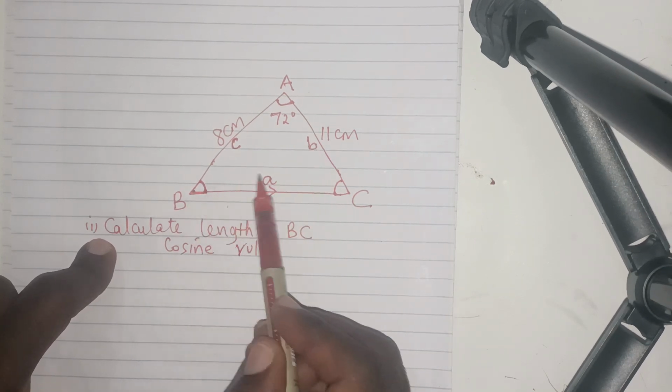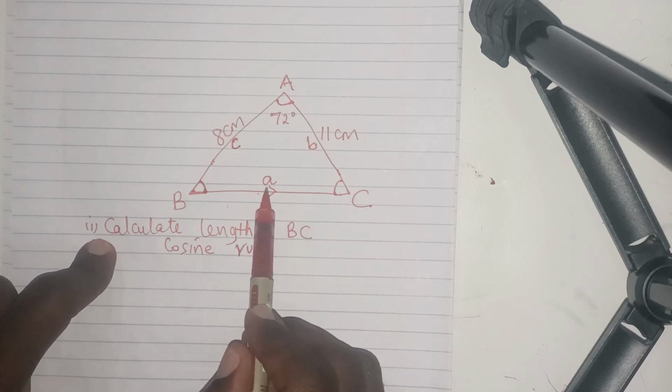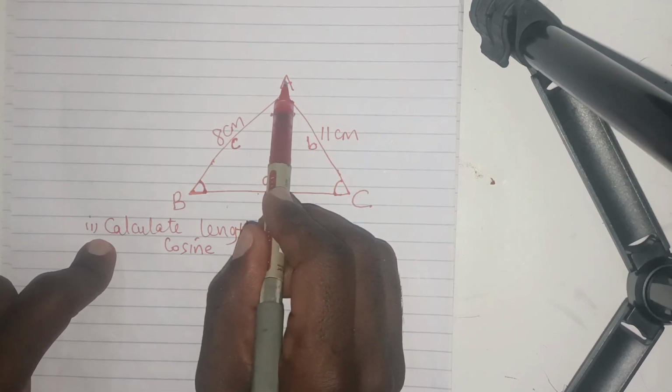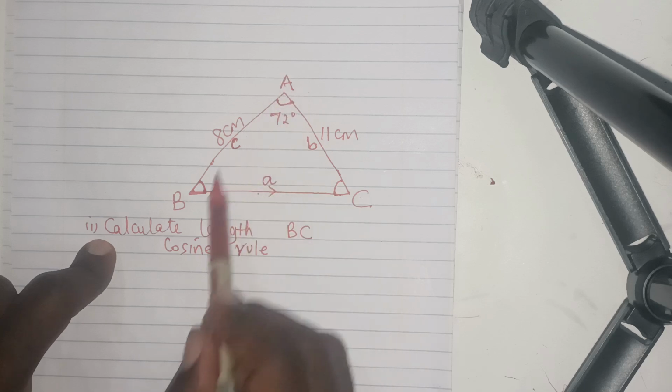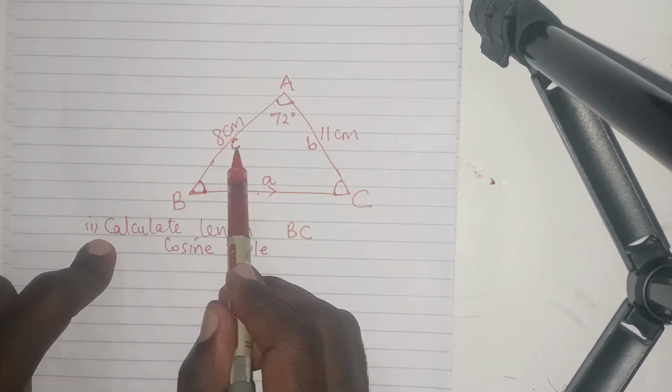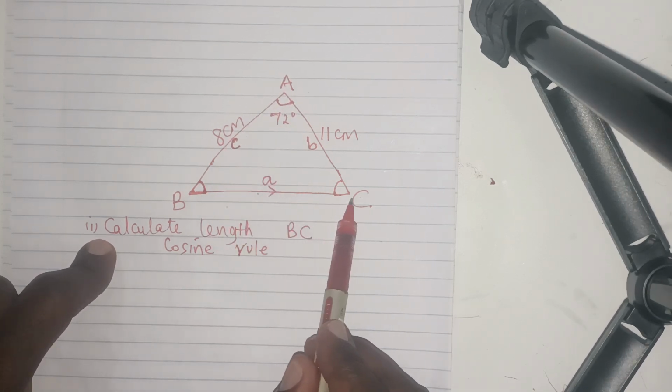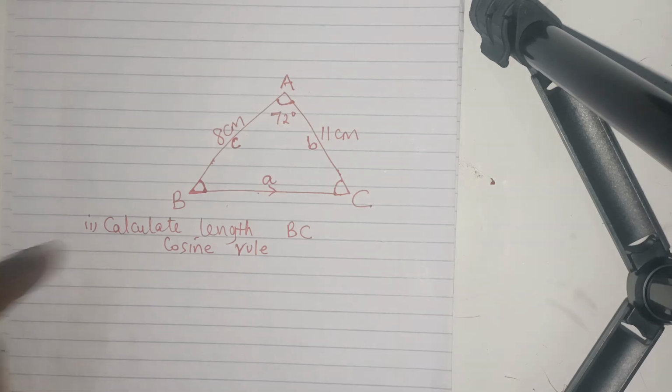We have length BC with the letter A opposite to the angle at point A, capitalized. Then length AB, which is 8 centimeters, with the letter C opposite to the angle at point C, capitalized as capital C.